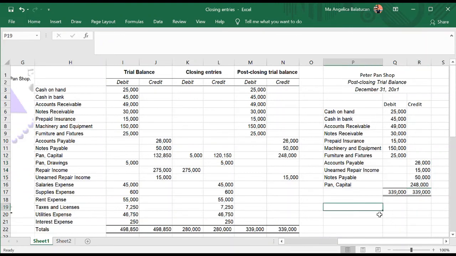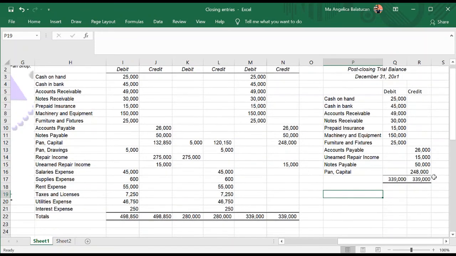So as a recap, the only tricky part here is getting the capital. Remember the formula to get the capital ending balance. That's the capital beginning, which is 132,850, and then you're going to add net income. But if it's a net loss, you're going to deduct.